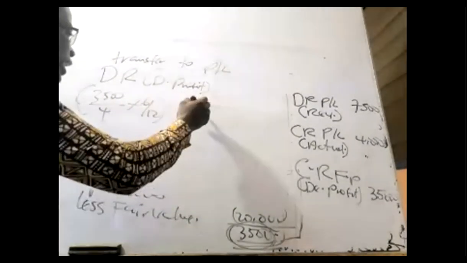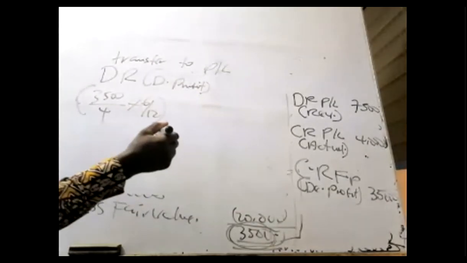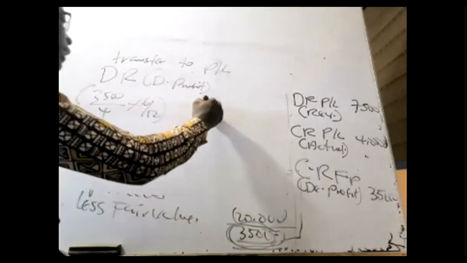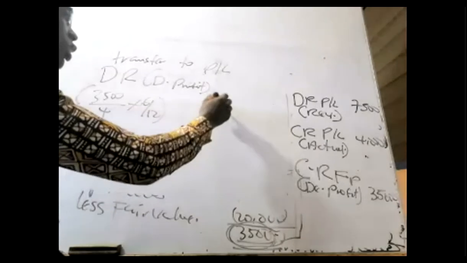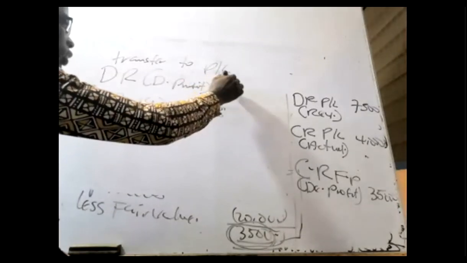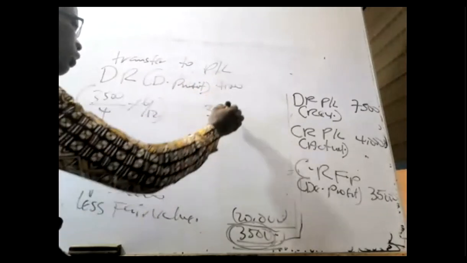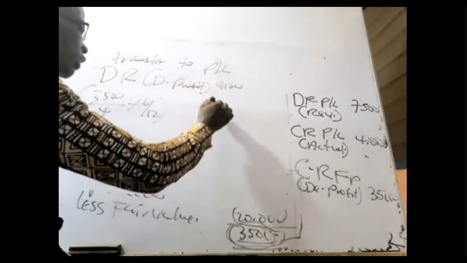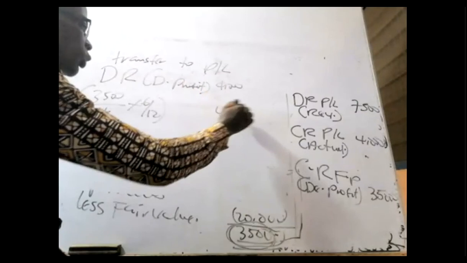Or 437.5. So 438. I'm just assuming that it's 438. I'm reporting in thousands, so take note of that. So 438,000 needs to be released from this balance.